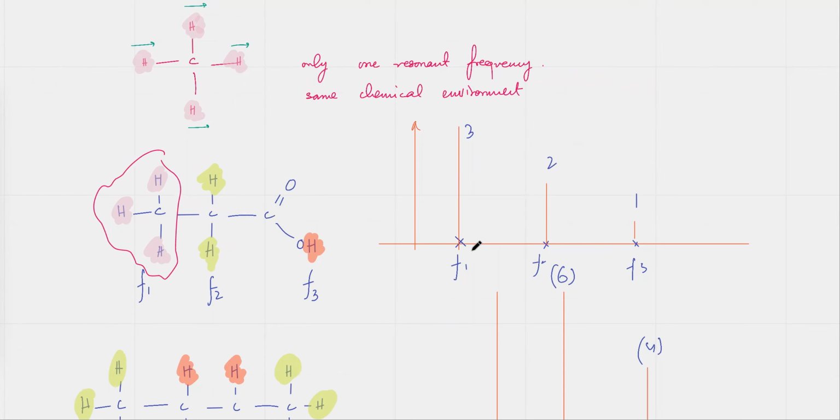The rule is, if the neighboring carbon has n hydrogens, in this case it's got 2 hydrogens. So its peak would split into n+1, which is 2 + 1 is 3. So instead of getting 1 unique peak, you're going to be getting 3 peaks. That's known as a triple peak.